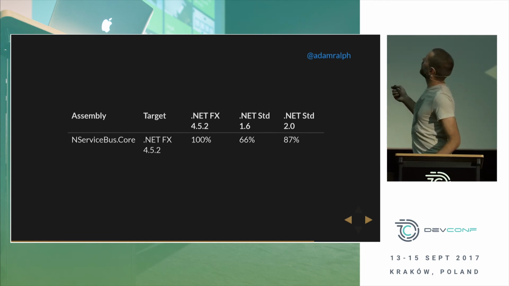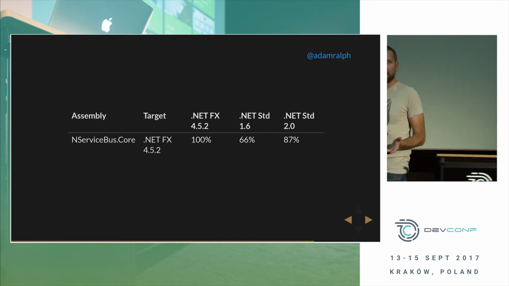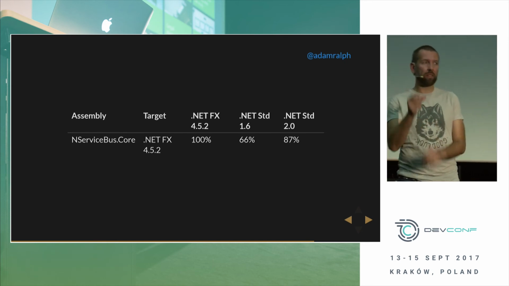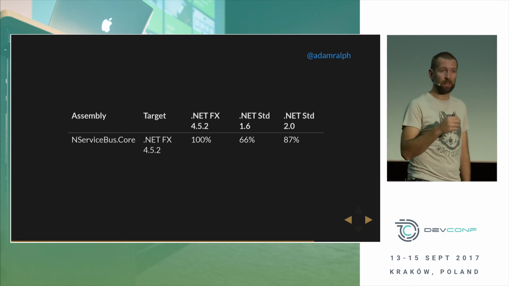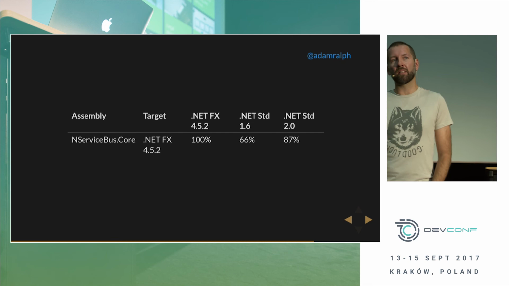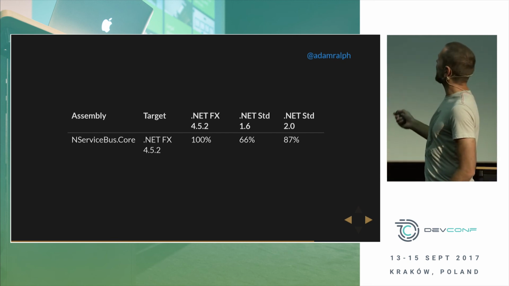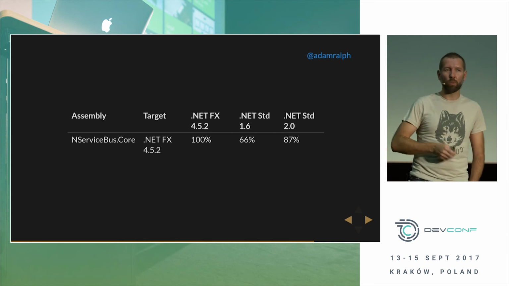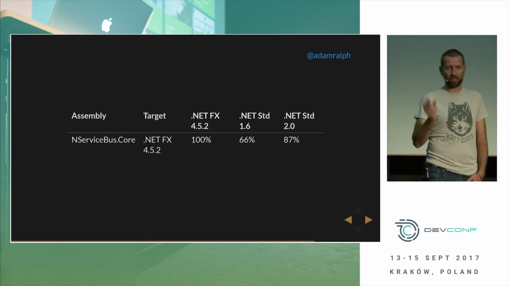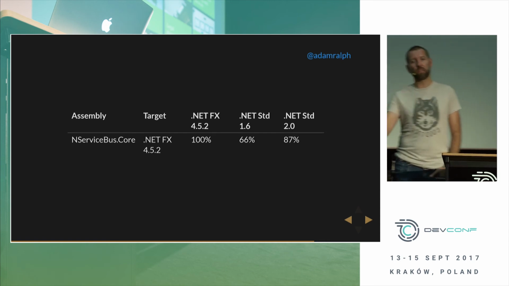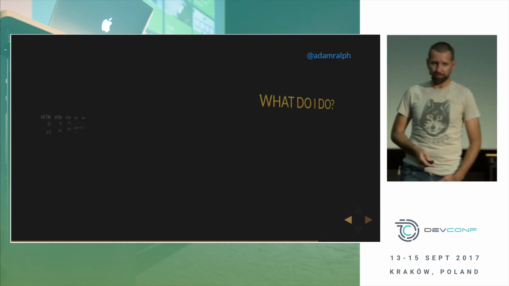In .NET Standard 2, it has 87% of the APIs that it needs. And we've been able to overcome that gap, and NService Bus Beta now supports .NET Standard 2. But this gave us a really good idea of how difficult it might be, and we just said .NET Standard 1.6, not worth it. It's not worth trying to close that gap of 34% to support .NET Standard 1.6. Let's wait for .NET Standard 2 and support that instead.